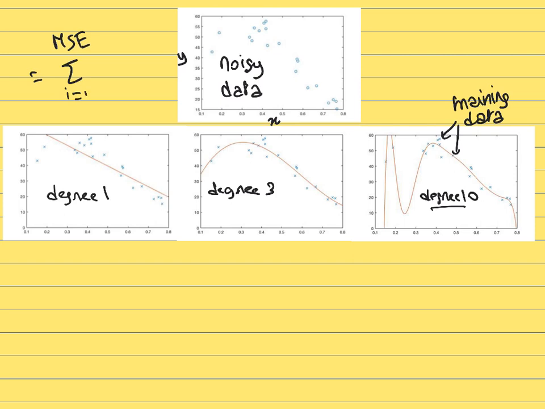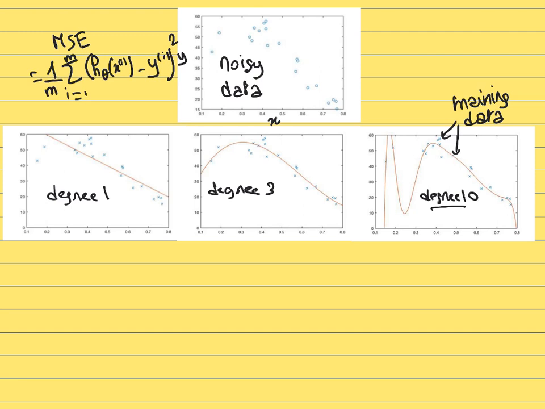You have m observations, and you sum over all of them the difference between what your model predicts for observation i and the true value of observation i. You take the square so that positive differences cannot counterbalance negative ones, and you calculate the mean by dividing by the number of observations.